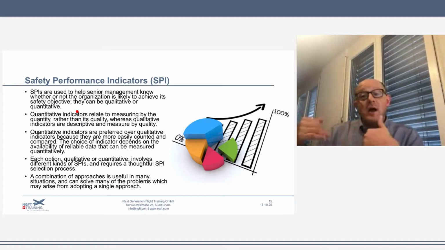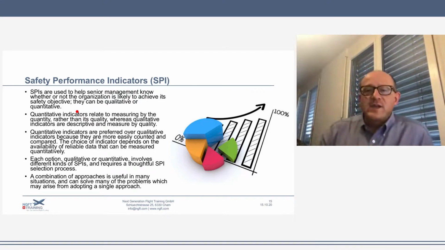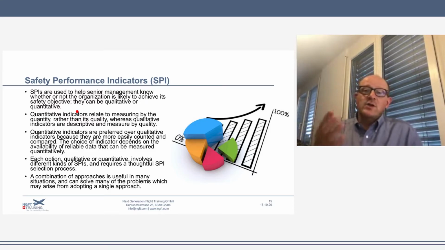If not, you have qualitative indicators that you can use to do this. Typically, you will have these two means combined. It's not possible to just do quantitative measurements, because you will lack context. You will not understand why certain criteria are the way they are. So you need to understand more behind some of these indicators.